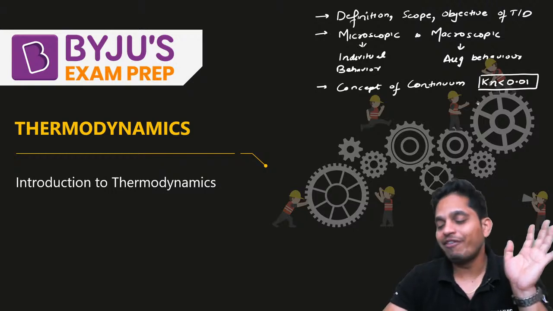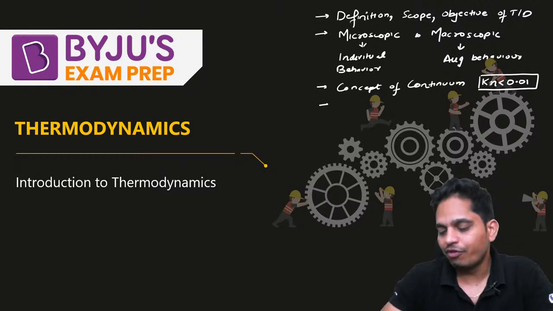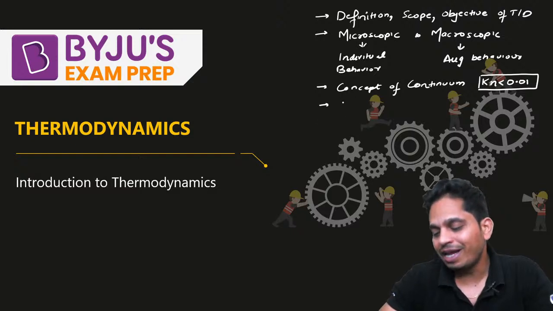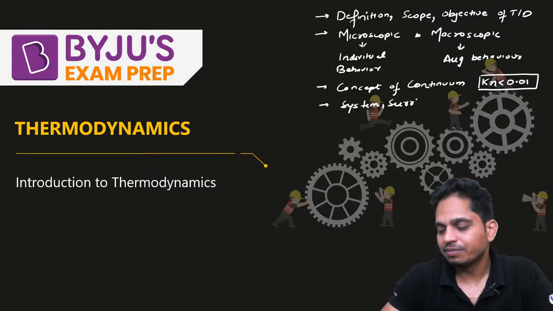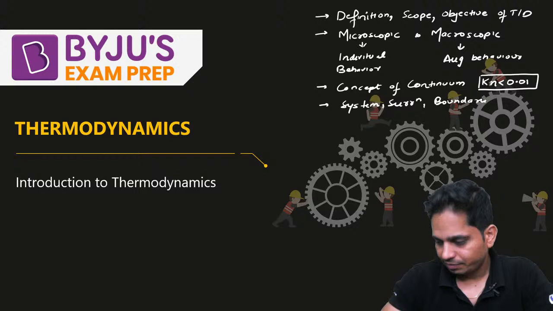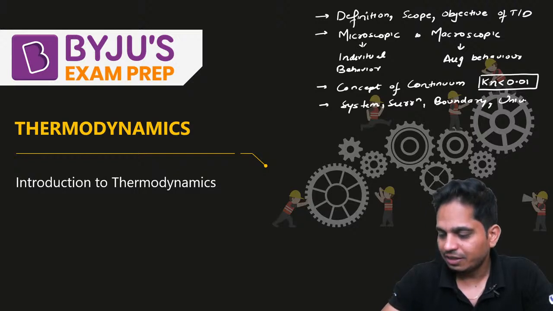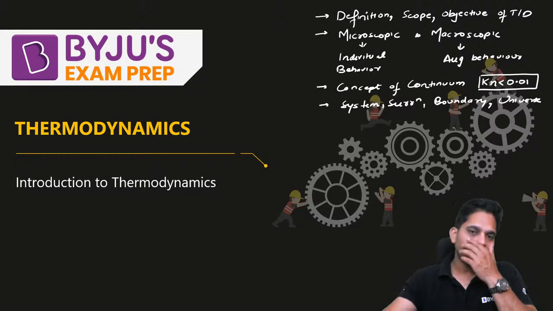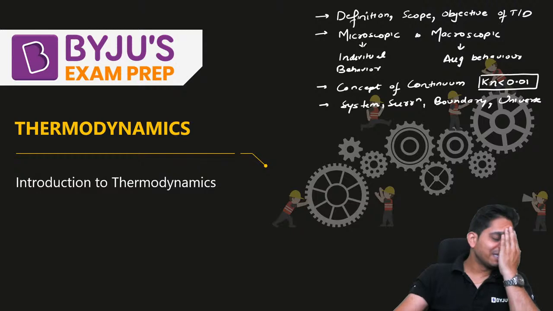Yes or no? Do we remember this? This is what we discussed in the last class. Then finally, we ended that session with the definition of system, surrounding, boundary, and universe. हाँ, ठीक है? This is what we covered in the last class.